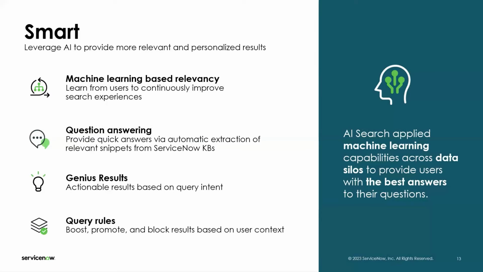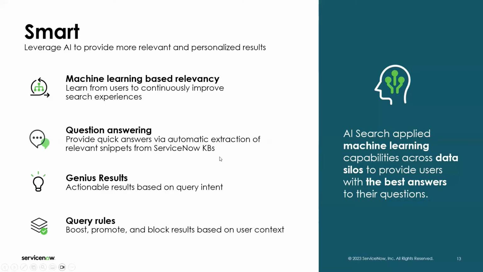As I was saying, AI search in ServiceNow is really getting smarter day by day. We are using the latest technologies to make AI search smarter. We are using machine learning based relevancy, so it can sort the results based on the most relevant search results. We have something called question answer, so users can not only type a keyword, they can really interact with the AI search by posting proper, human-like questions.